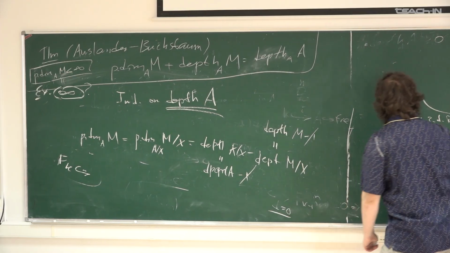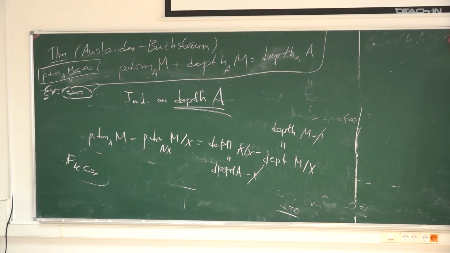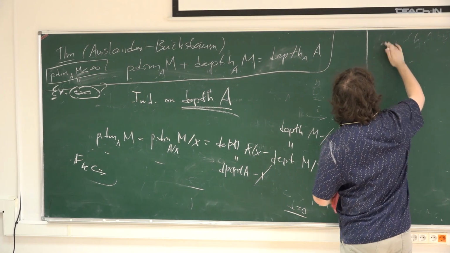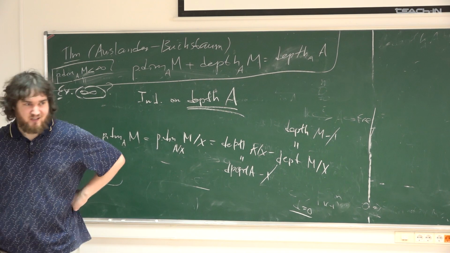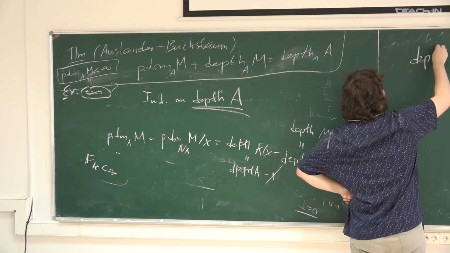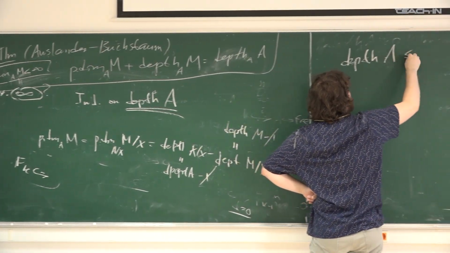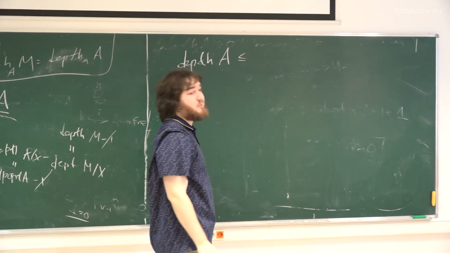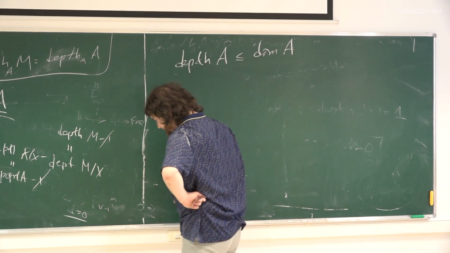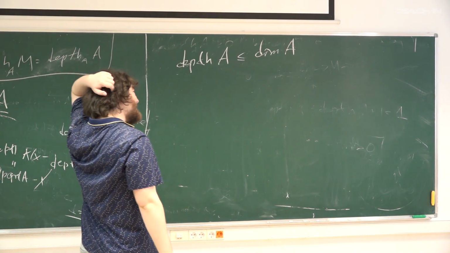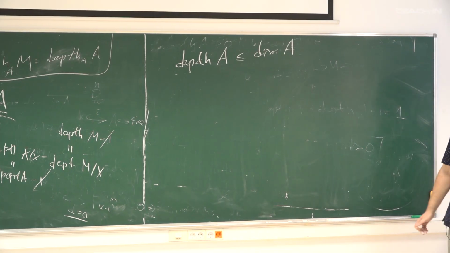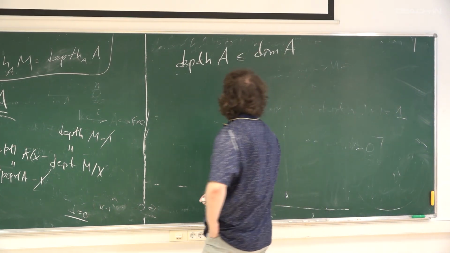Maybe I will not prove this, but I just say that in general, as I said before, depth of an algebra is not greater than the Krull dimension of this algebra. If you think about this, it's not very hard, because it's by induction.